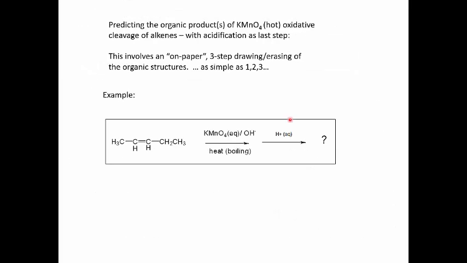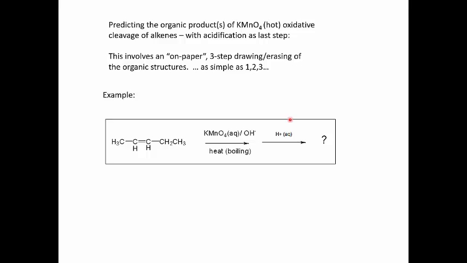Now, the actual mechanism of this overall reaction, we call it oxidative cleavage, is rather complicated. But we needn't concern ourselves with this mechanism. Instead, what I want everyone to realize is that this is an important reaction. We want you all to learn it.